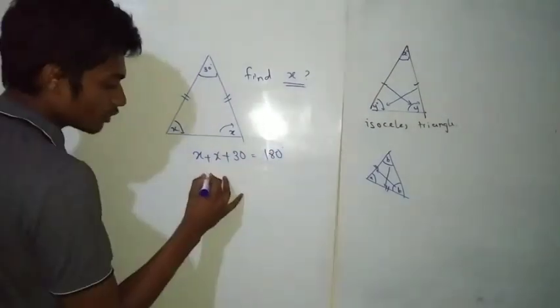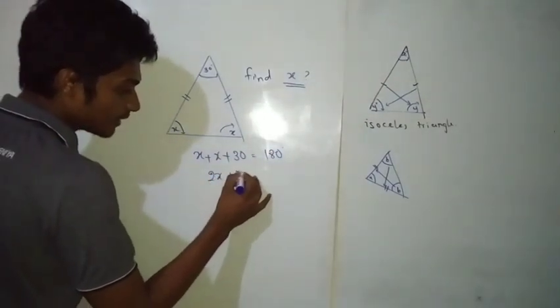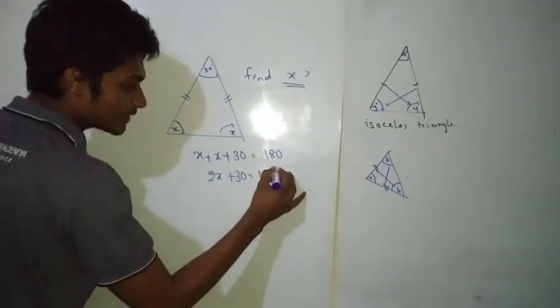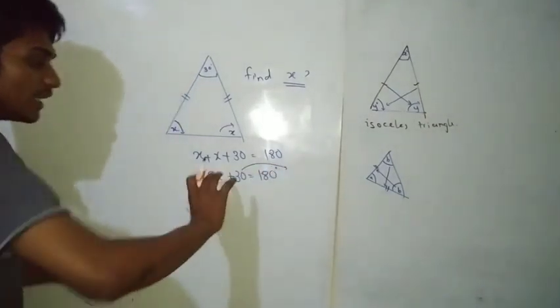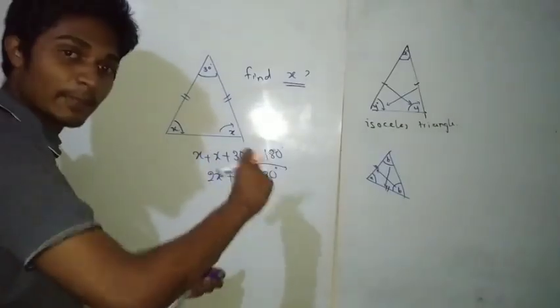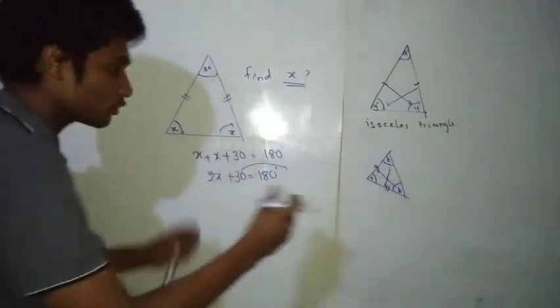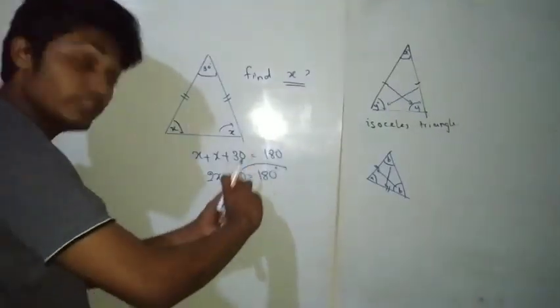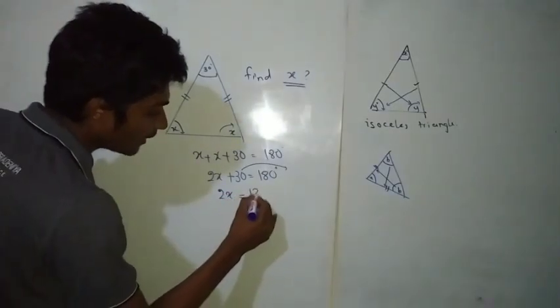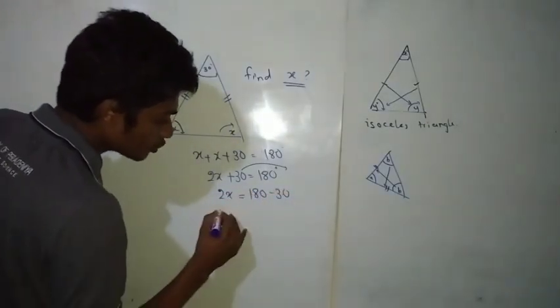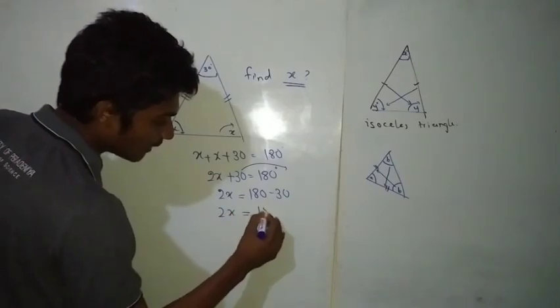Now x plus x is going to be 2x. 2x plus 30 is equal to 180 degrees. Now take this 30 to the other side. If you take this plus 30 to the other side, the plus 30 becomes minus 30 because you are taking it across the equal sign. So you will have 2x is equal to 180 minus 30. So 2x is equal to 150.